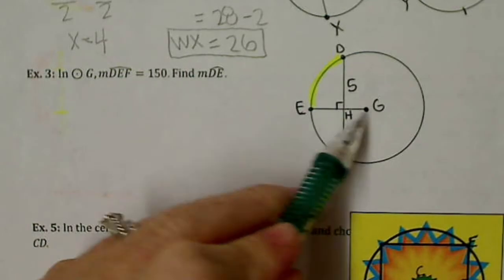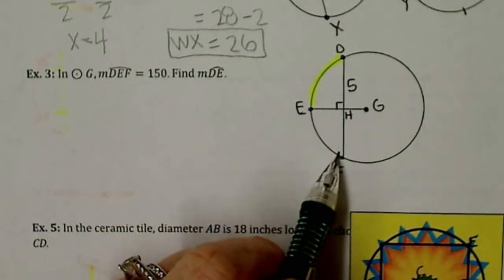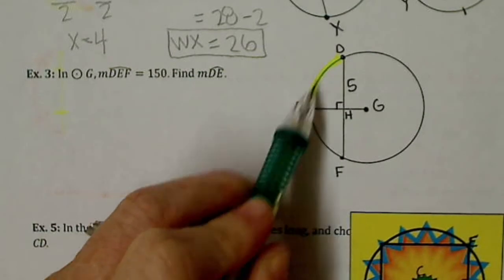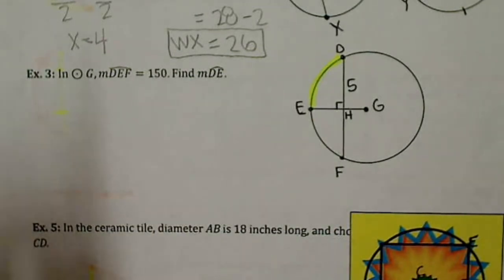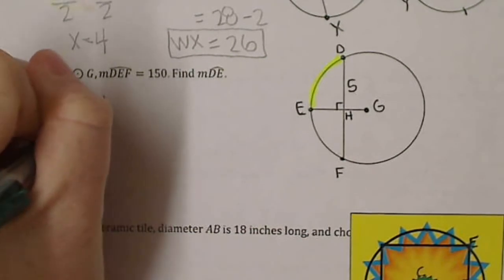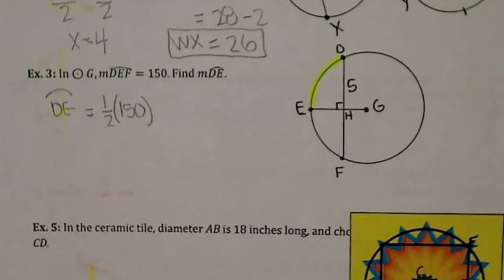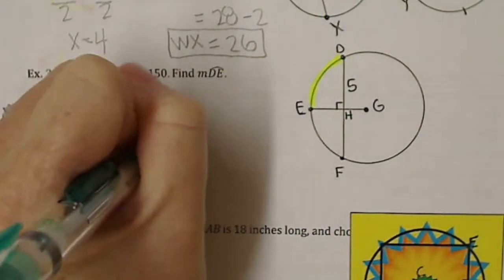Well, this is bisecting this, and so since this little piece DE is half of it, arc DE is going to equal half of 150, which is 75.